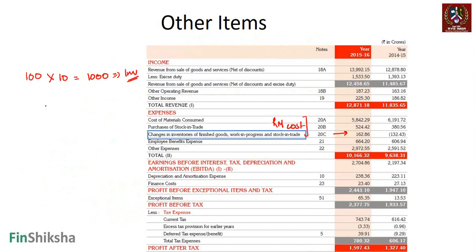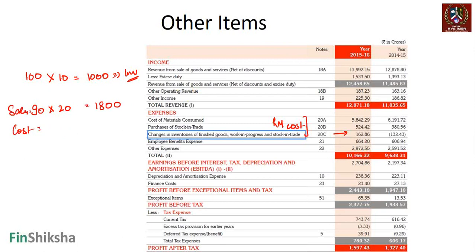Now, assume they sell 90 of these bottles at a price point of 20. So what is the sales for them? That's 1800. What is the cost for them? Now, when you're building these financial statements, in one of the units we're going to look at how these financial statements get constructed.